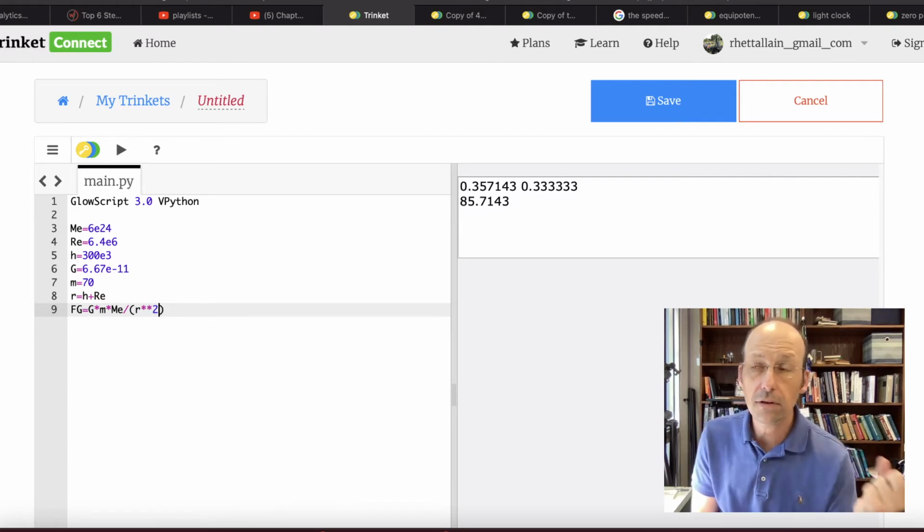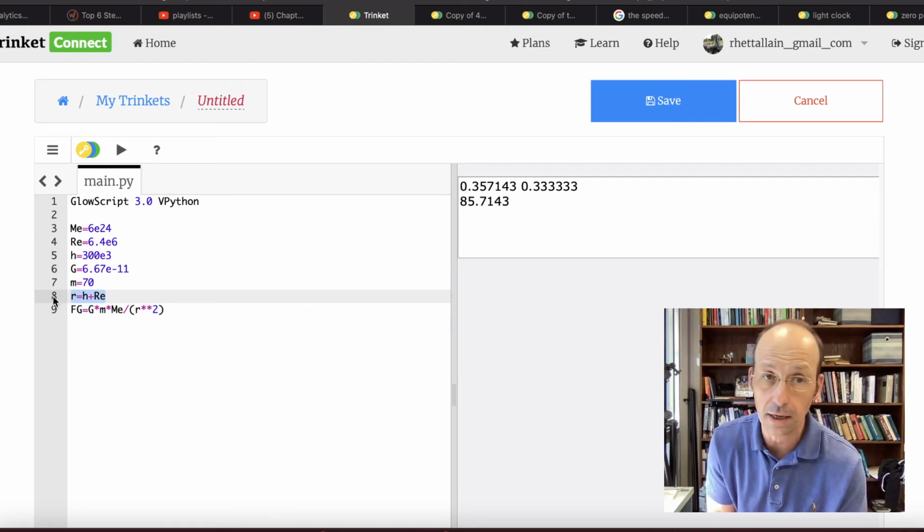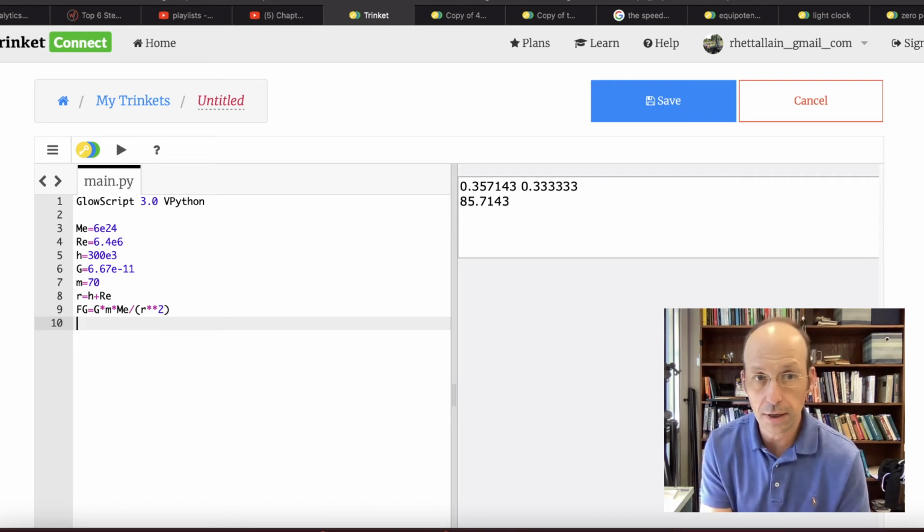What's great about Python is if I don't want to write that out, I can write another equation before that and substitute it in. Python calculates lowercase r, never prints it because I never told it to, and I don't have to worry about it. If it's a complicated equation, break it into pieces, right? So now I'll just print FG.